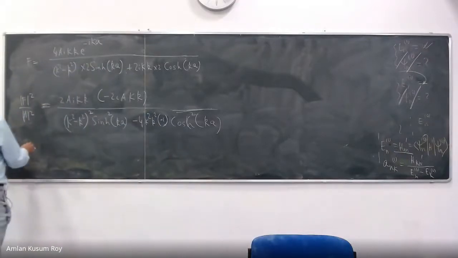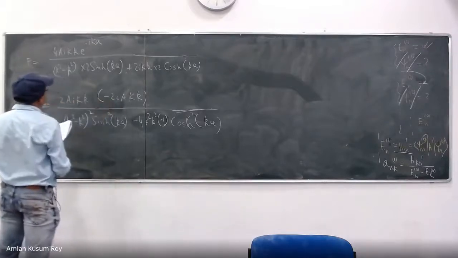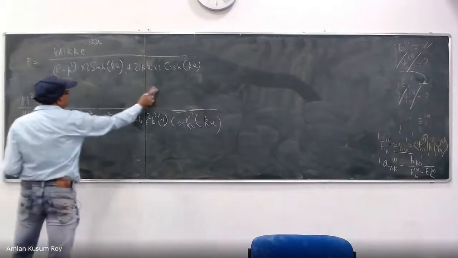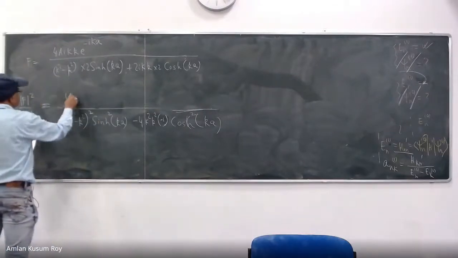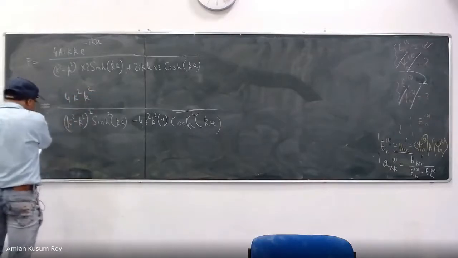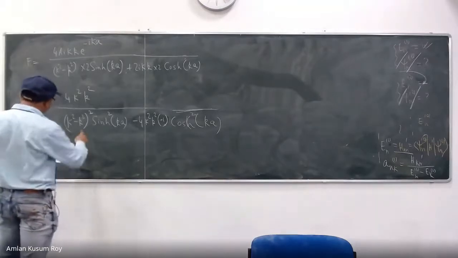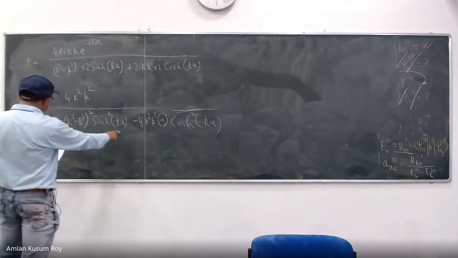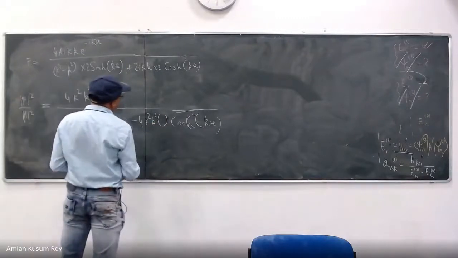So this is becoming minus 4 i square, so I can write it as 4 k square, okay? Minus minus plus, and then k square minus etc. sine hyperbolic square kappa a plus 4 k square. So this becomes plus now.